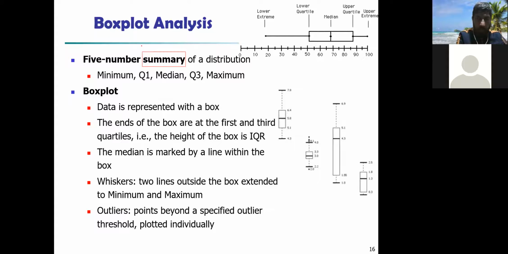Let's say you have a smaller box here, and then a bigger box here, meaning that this is Q1, you have Q2, and Q3.